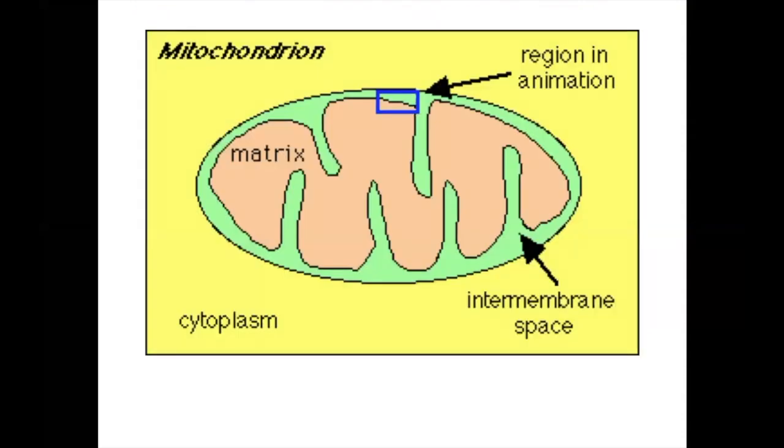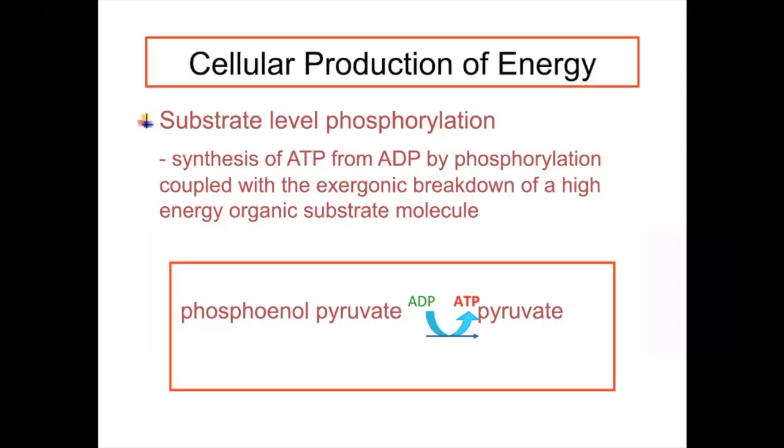Now here, as you can see, you have the inner mitochondrial membrane. And inside the inner mitochondrial membrane is a very important process, which is called oxidative phosphorylation.